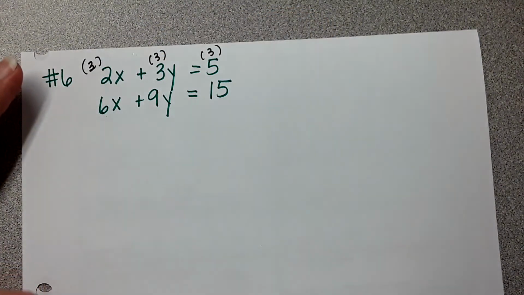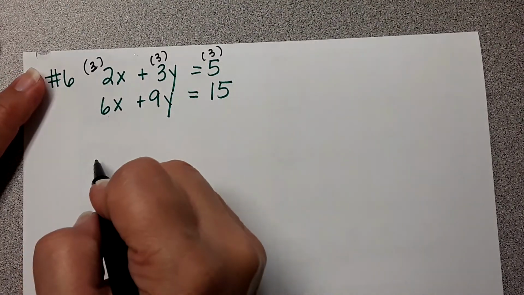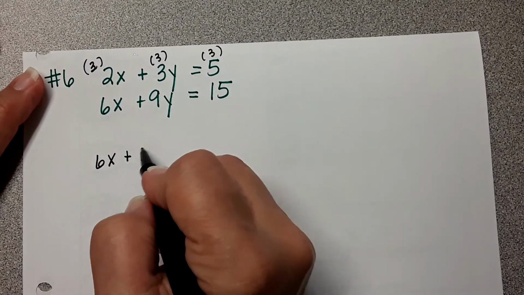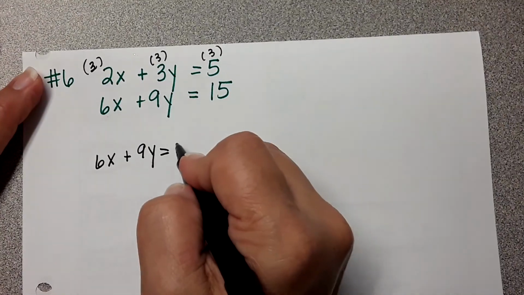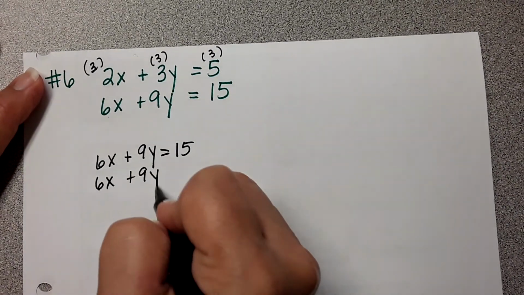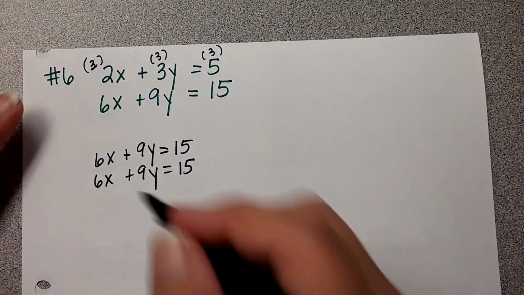So I'm going to rewrite it. So 3 times 2 is 6x. 3 times 3 is 9y, and 3 times 5 is 15. What do you notice? So I should have done this.